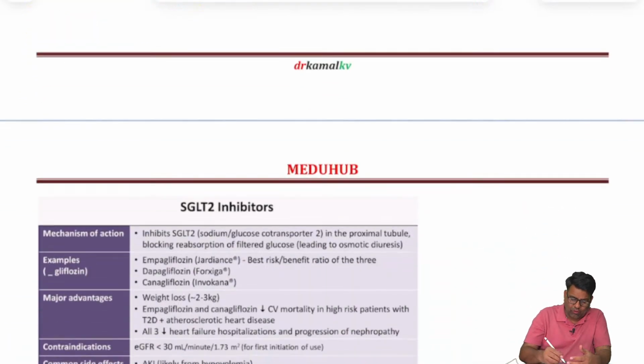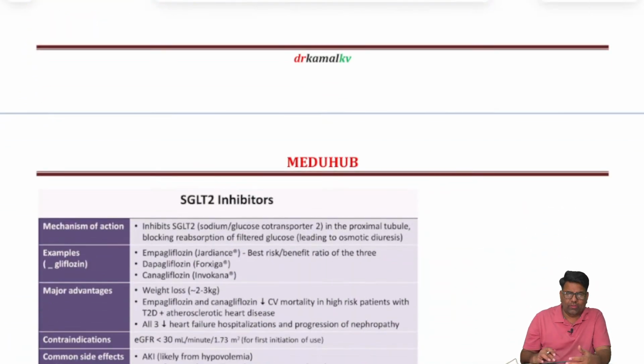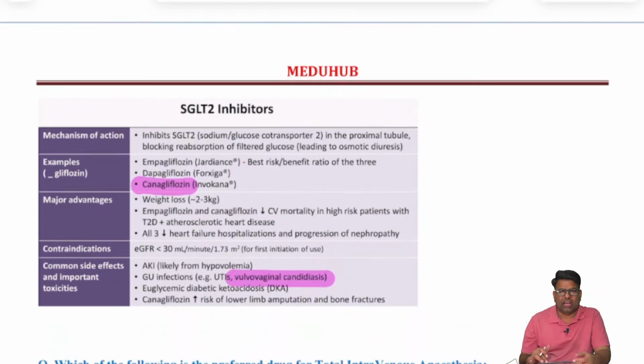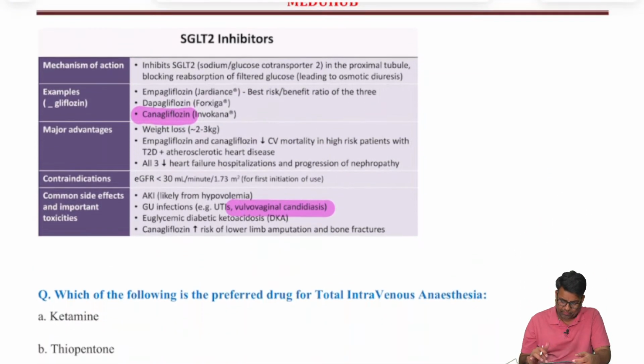So canagliflozin, which is a member of SGLT2 inhibitor, should not be given in a lady who is prone to get vulvovaginal candidiasis, because it is one of the side effects of this drug as such.